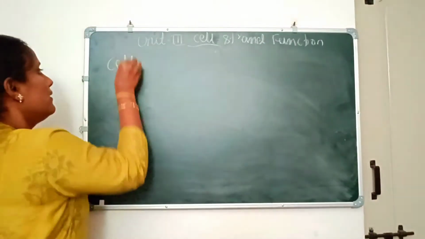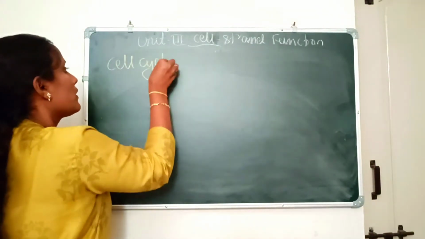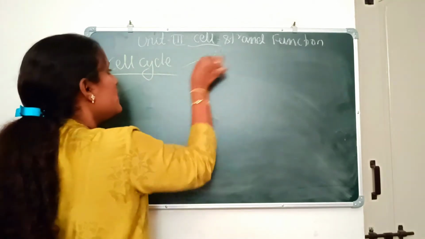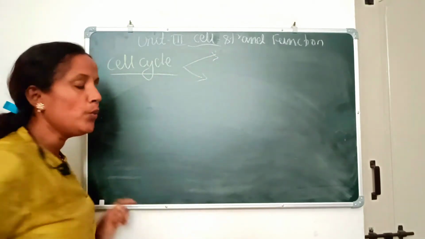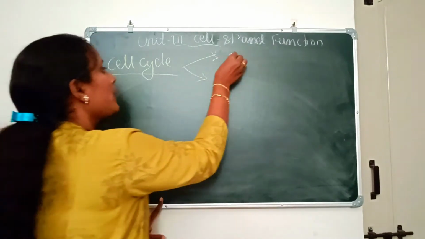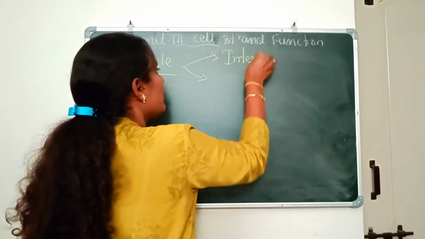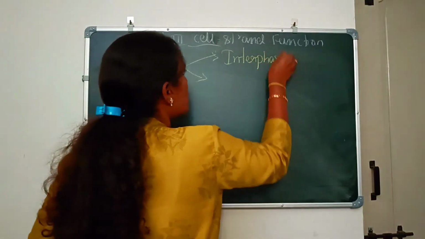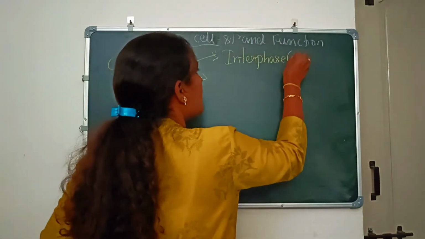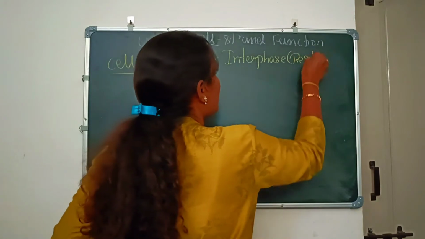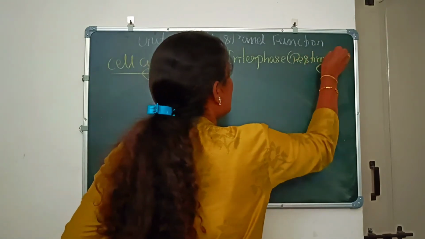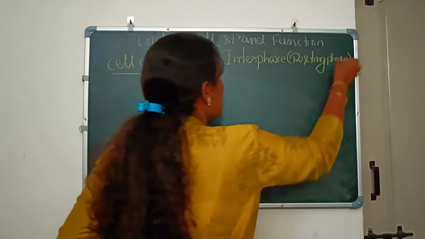The cell cycle is majorly divided into two phases. One is interphase. It is also referred to as the resting phase.